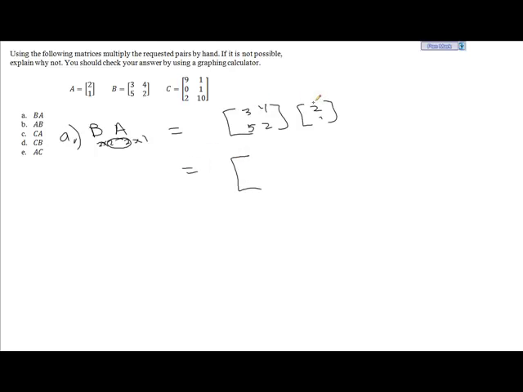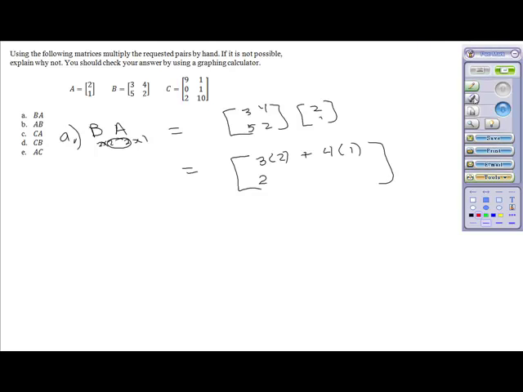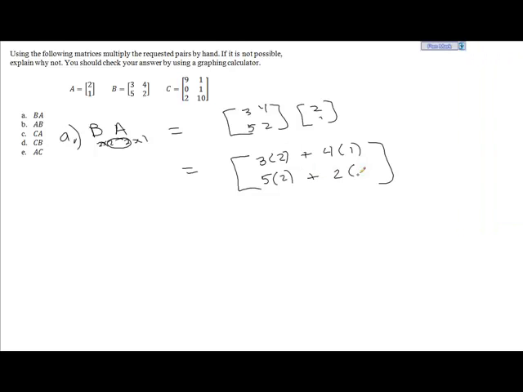So what does that mean? This thing collapses down on top of this, the 3 and the 2 meet, and so I get 3 times 2. The operation, remember, is a sum product, so plus 4 times 1. Then it collapses down to the next row, and I get 5 times 2 plus 2 times 1.